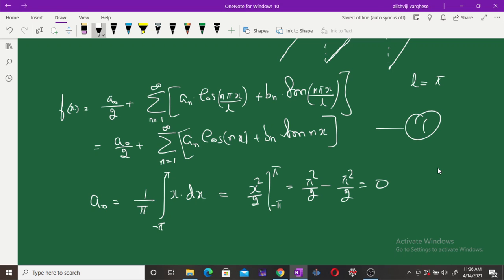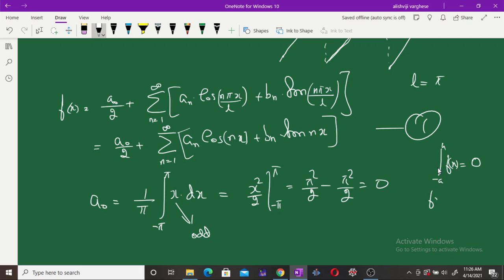That's one method. In another, a simple argument which can be used here is that this x is an odd function, and if we integrate an odd function from minus a to a, if f of x is an odd function, then this integral is equal to 0.